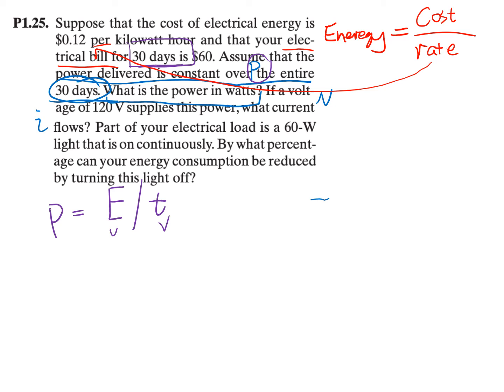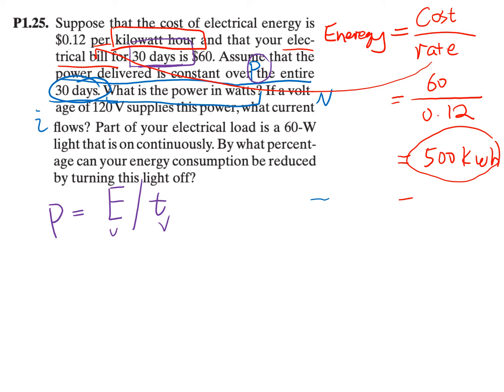So let's first find the energy. That's $60, and the rate is 0.12. And we can find that because the unit here is kilowatt hour for our energy. So we calculate this, and we have 500 kilowatt hours as the total energy used. And that's 500 times 10 to the power of 3 watt hours.